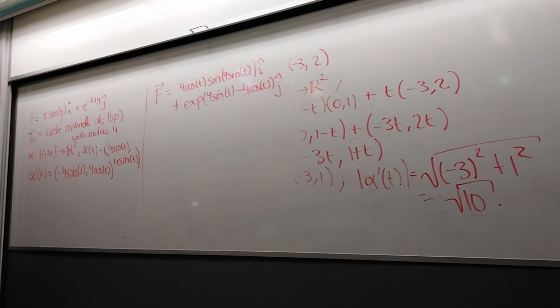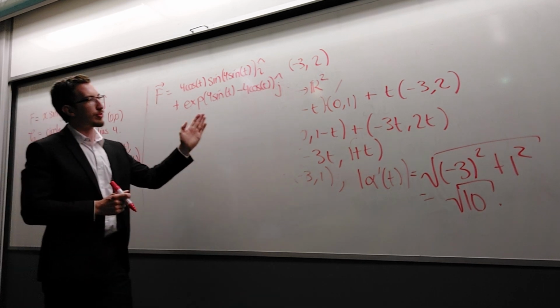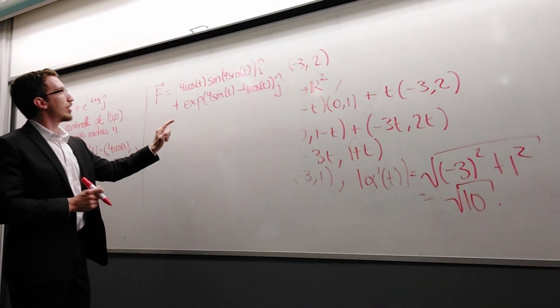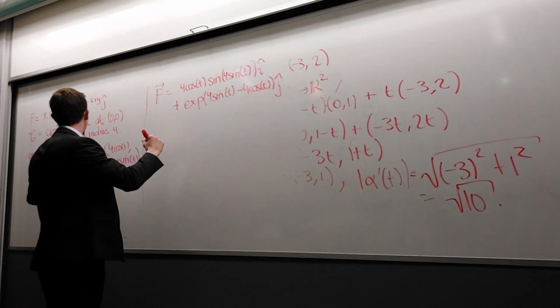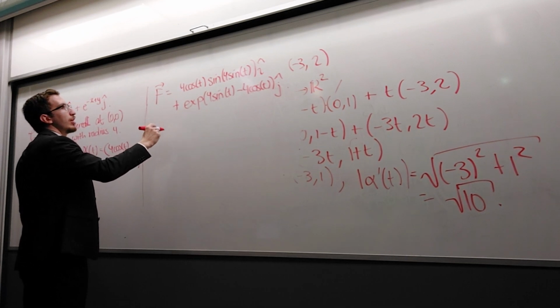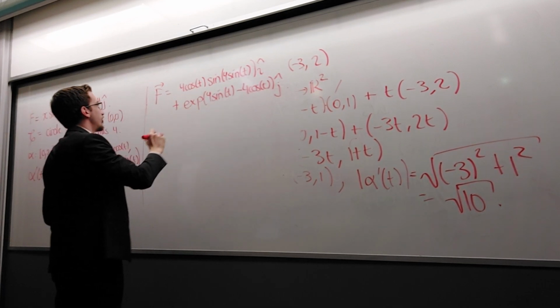Okay, so we now have our vector field in terms of the components of the parameterization. We now take the dot product with the tangent vectors. So let me do it properly.